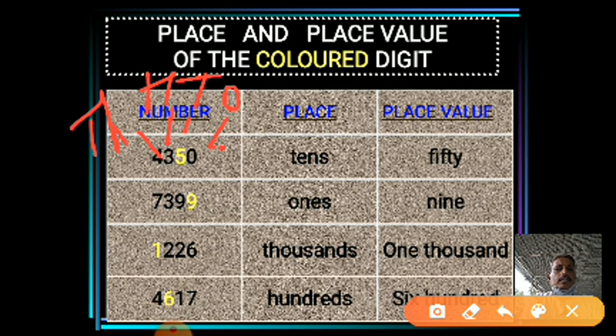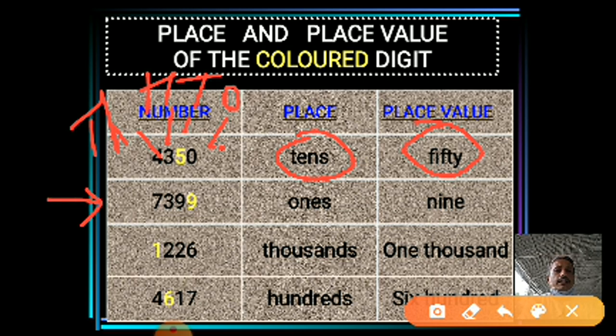Okay. So the colored digit is in the tens place. So here we write tens. What is the number there? 5. So 5 tens are 50. Good. Second example, the colored digit is 9. Where is the place? Ones.